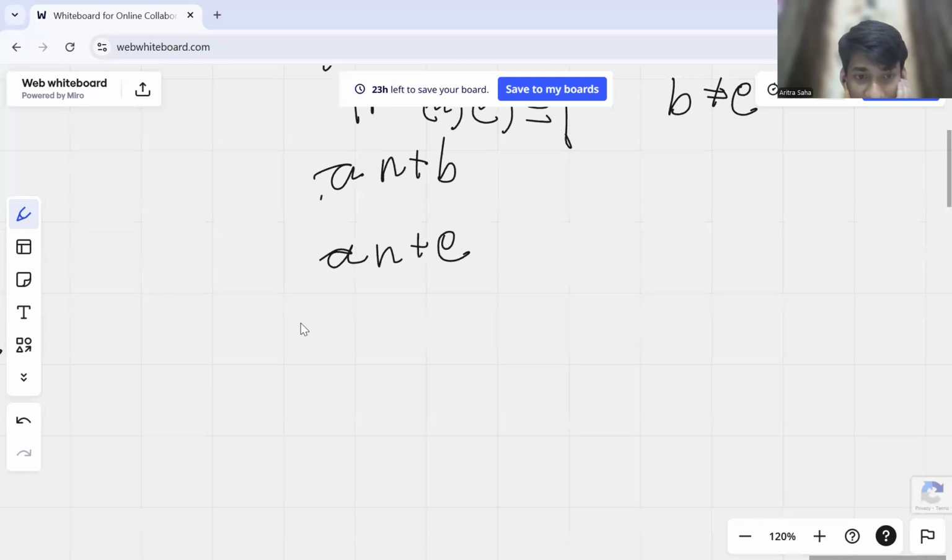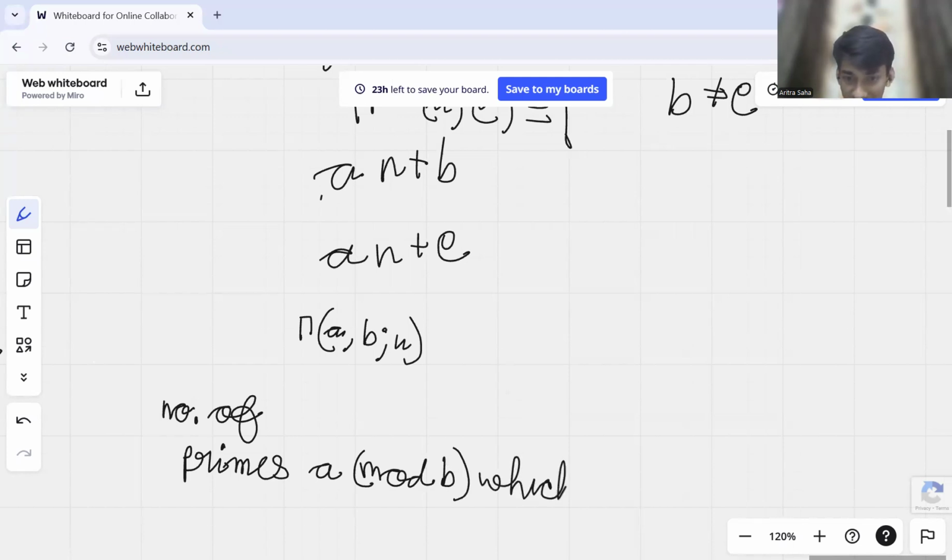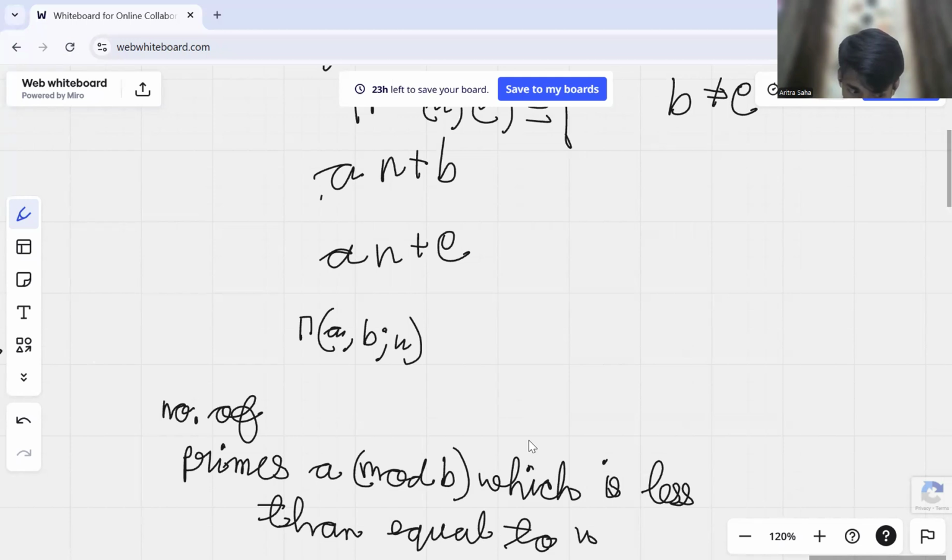So if we define the function pi of x, a mod b, which defines the number of primes which are a mod b and less than or equal to x, it will be asymptotically the same as 1 by phi of b times n by log n.